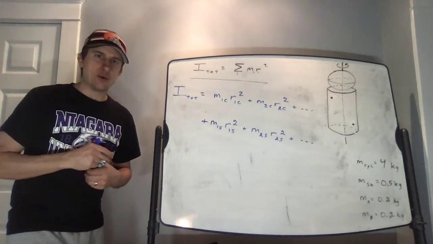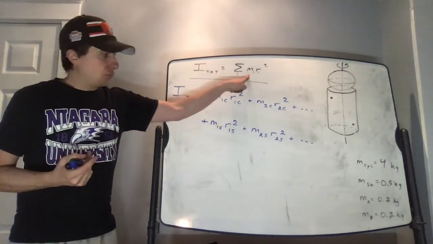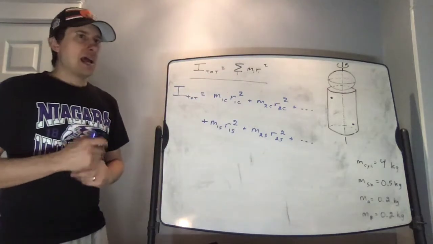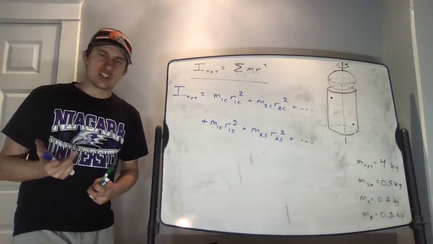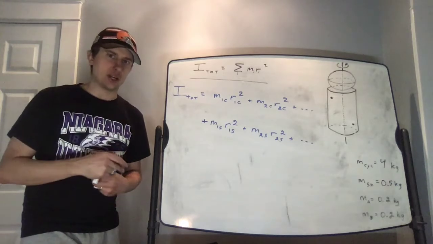Well, when I calculate moment of inertia, m is the mass of the particle I'm considering. We know the mass of these 2 small point particles. That was given in the problem. How far away are these 2 small point particles from the center of rotation?